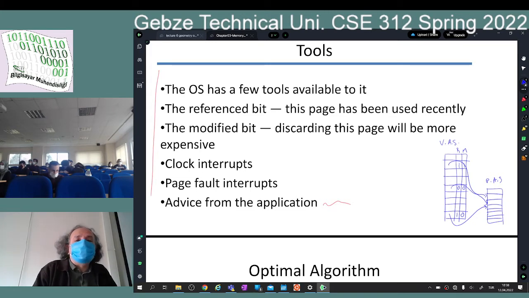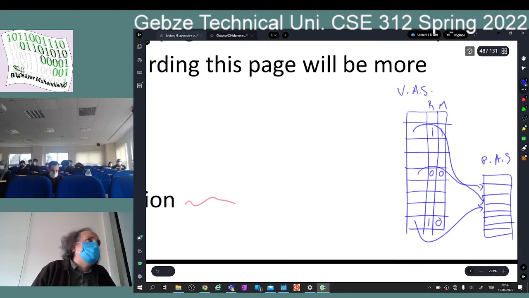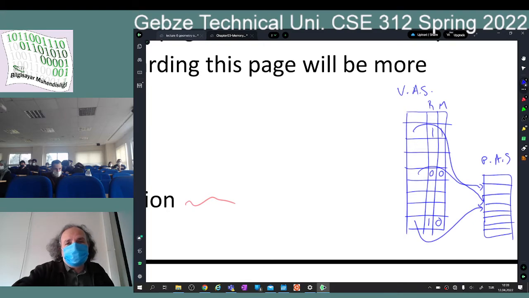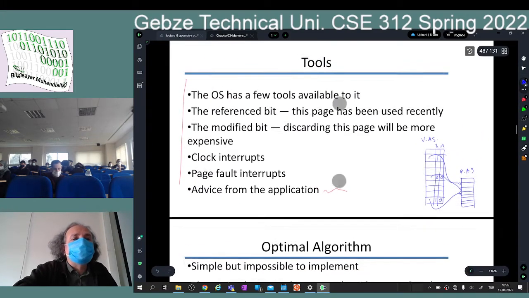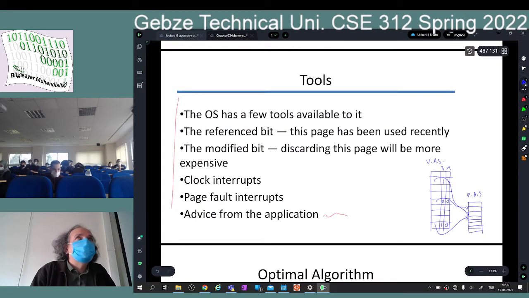Every time the clock interrupt happens, I am going to scan all of my page table and see who is busy and who is not, etc. So clock interrupts are important, and we do lots of useful work when the clock interrupt happens. We don't use the clock interrupts only for preemption, only for switching from one process to another process.